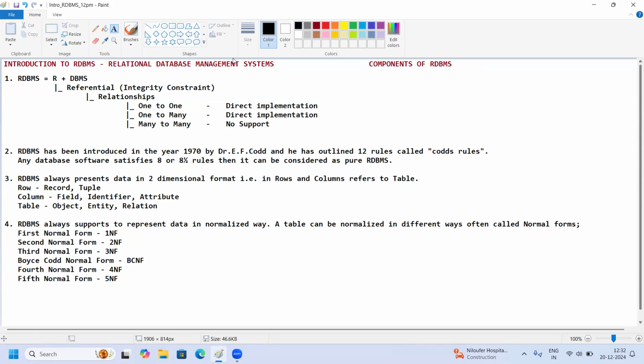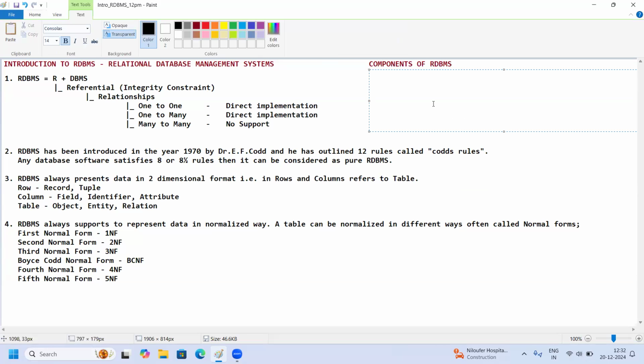In components, I'll mention the first point.